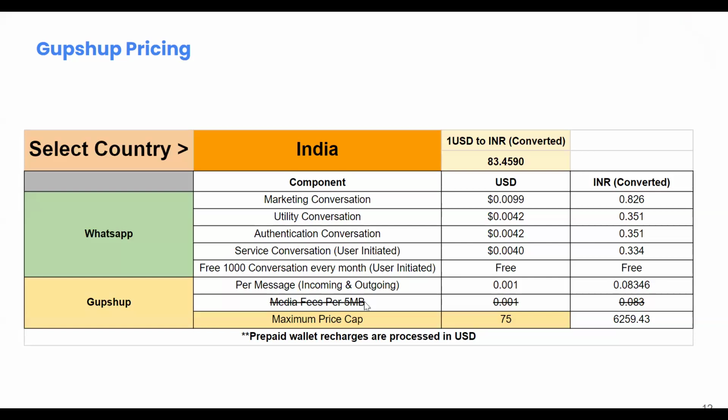And service conversation, you mean when the user types the keyword, whatever is for your bot. So the first 1,000 conversations will be free. That's correct. If let's say we have 10 users and daily they are interacting with the bot, then till 1,000 conversations, these 10 users will be exempted from charging, right?